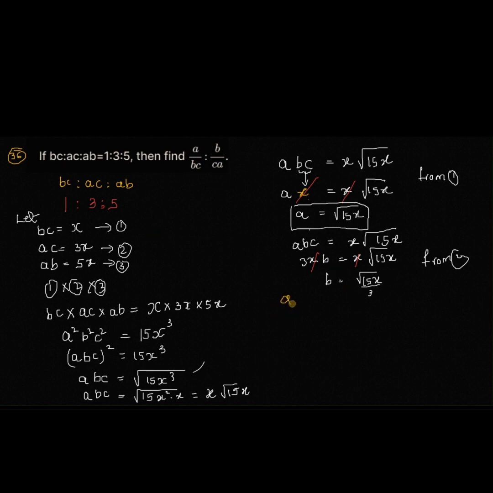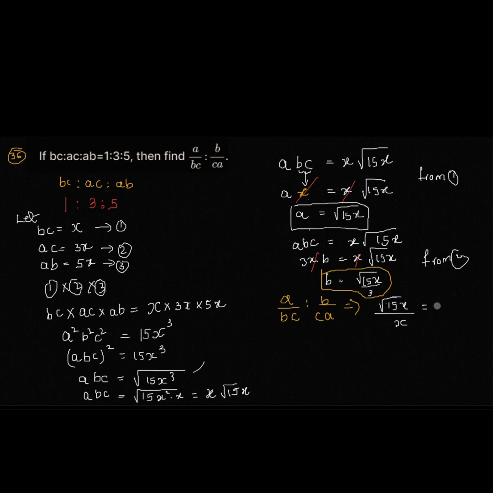So all we need to do here is write A by BC is to B by CA. We're going to substitute all these values. A is root 15x, and BC is x, equals, so we can also represent the ratios as equal.